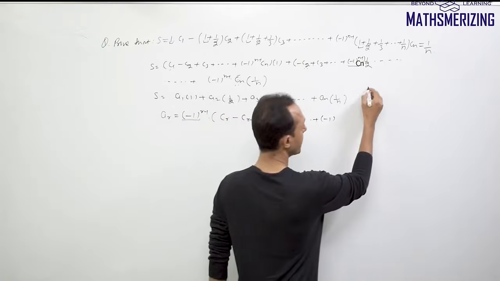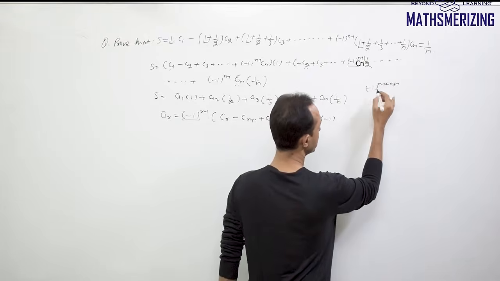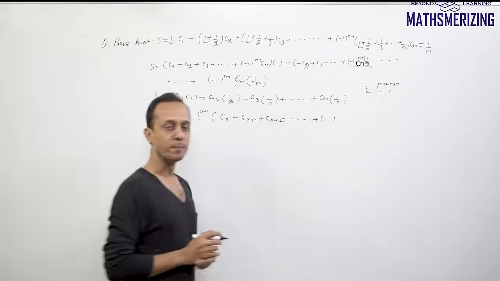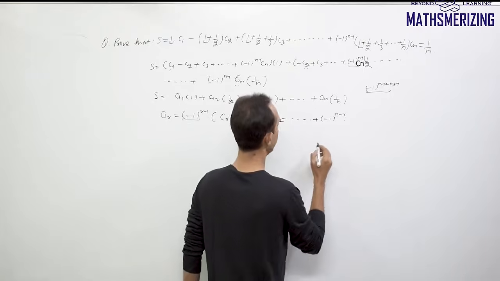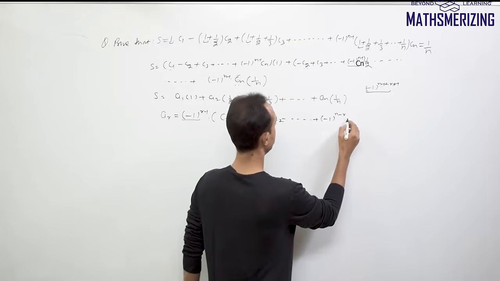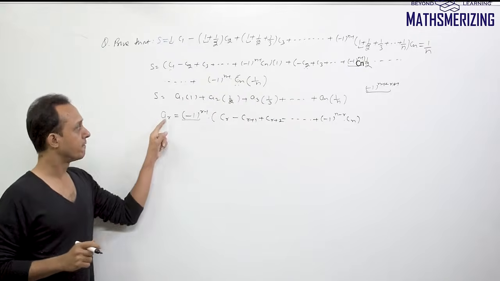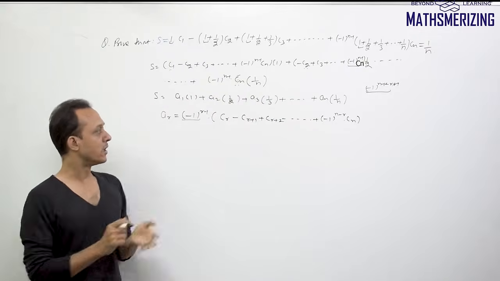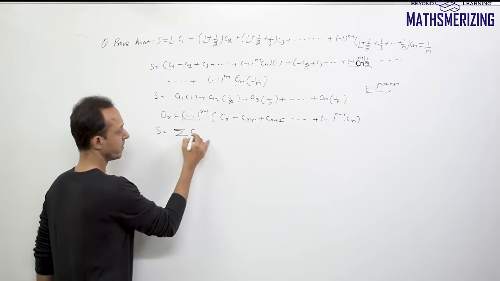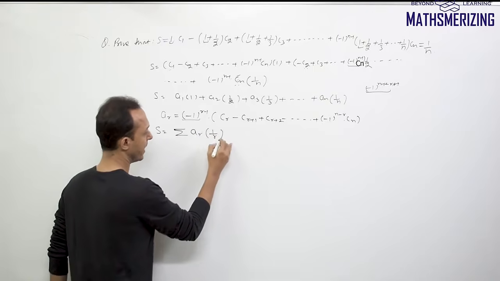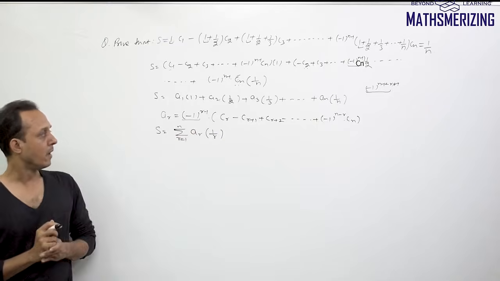So that means minus 1 to the power n minus 1 minus r plus 1, so that should be minus 1 to the power n minus r, into Cn. So that should be the coefficient of 1 by r. So I can write this series as summation ar into 1 by r, where the value of r varies from 1 to n.